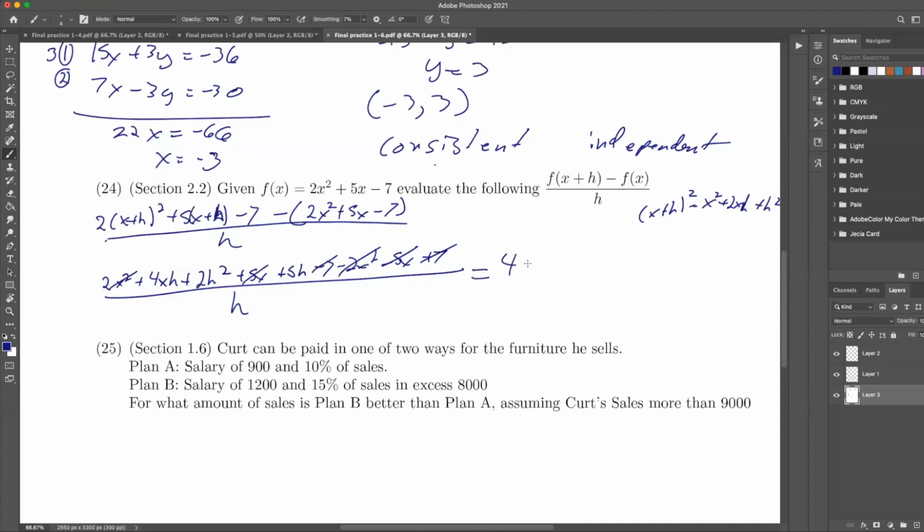So I have 4xh plus 2h squared plus 5h, all divided by h. So you can factor out an h up top: h times 4x plus 2h plus 5, all over h.